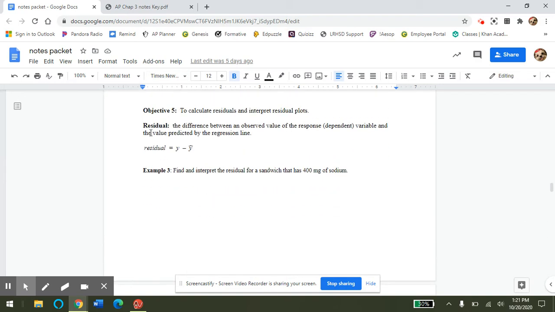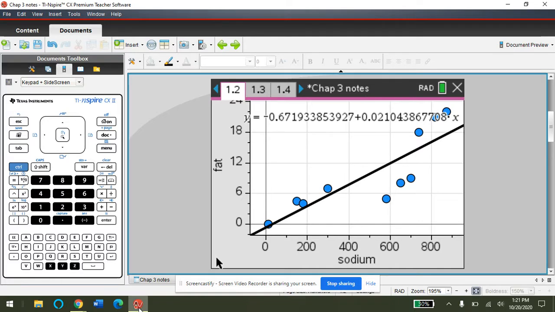A residual is the difference between your observed value of the response and the value predicted by the regression line. Let me take you back to this picture. A residual tells you the vertical distance this way from what we thought was going to happen and what did happen.